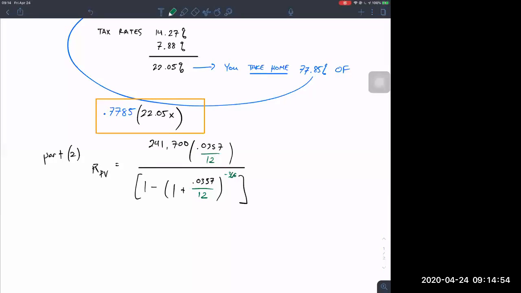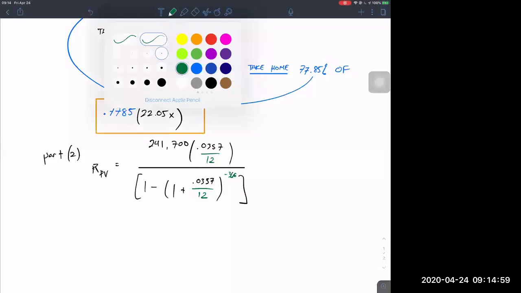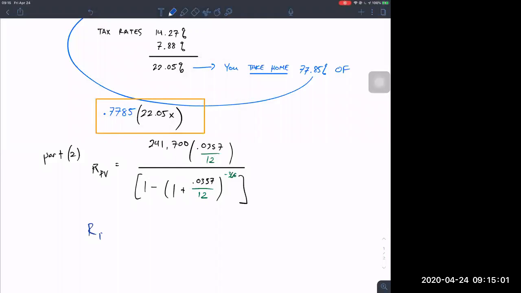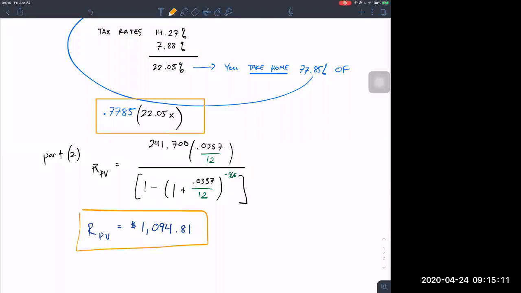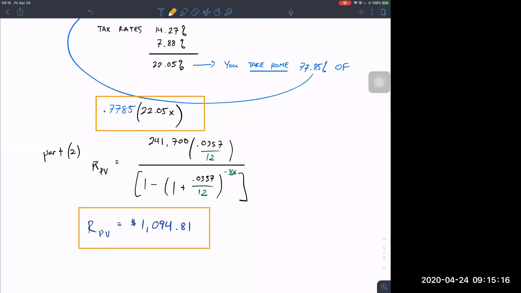The answer, which I did for my other class's lecture, comes out to, I'll write this in a different color, 1,094.81. So if you're still having trouble calculating these, arriving at these answers, I will take the moment right now, give you 30 seconds or so to punch it on your calculator, be familiar.